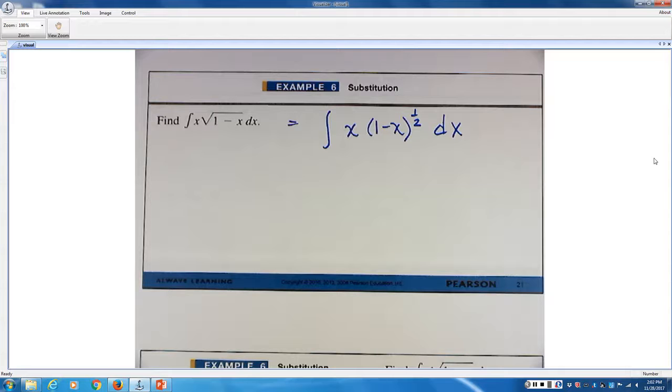It's negative 1. But then we've got that x sitting up there. What the heck are we supposed to do with that? Because it didn't say anything about x having to be part of the derivative. Any ideas?